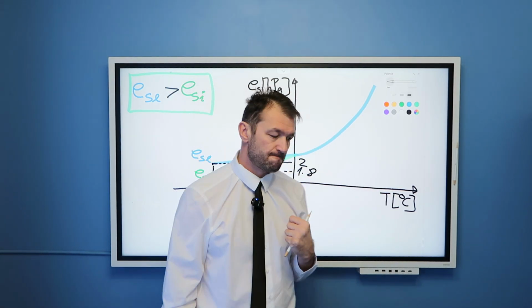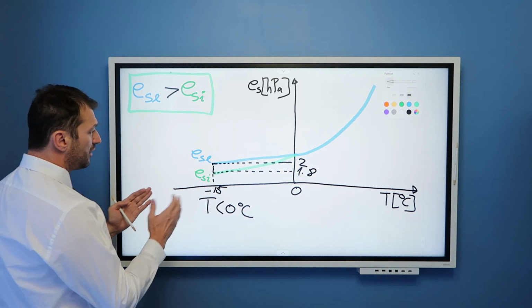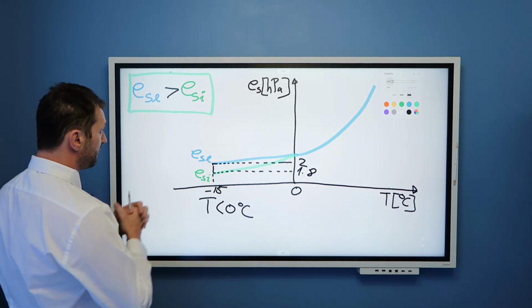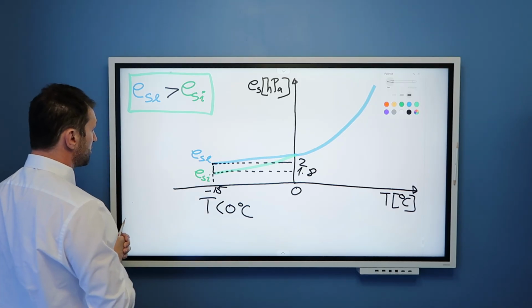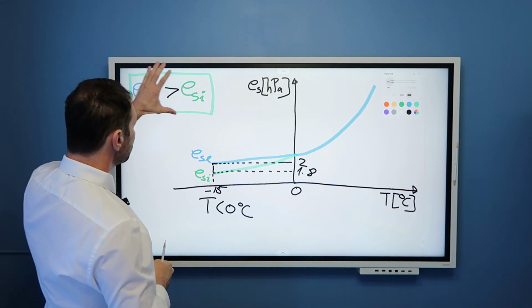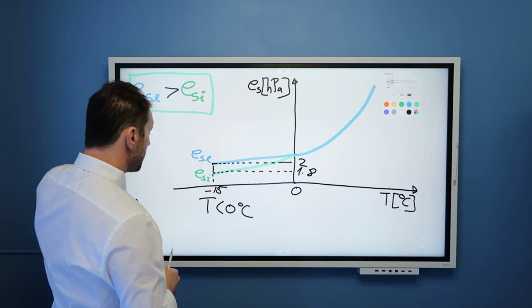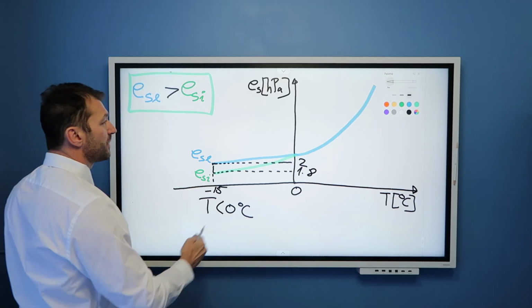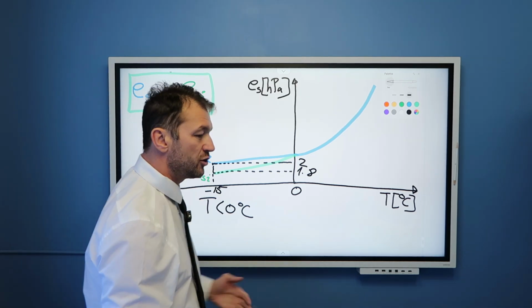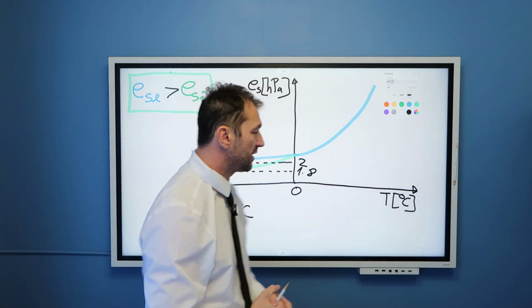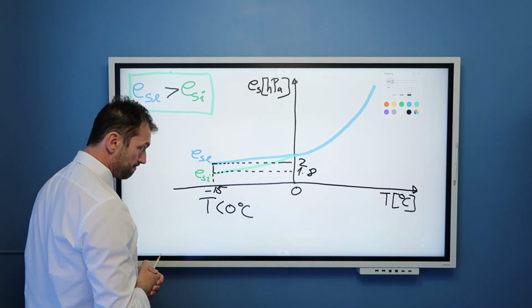What I would like you now to understand is two things. First, that the saturation vapor pressure over liquid water is larger than the saturation vapor pressure over ice. It is described using these relationships graphically and using the Clausius-Clapeyron equation that I outlined in the previous slide.